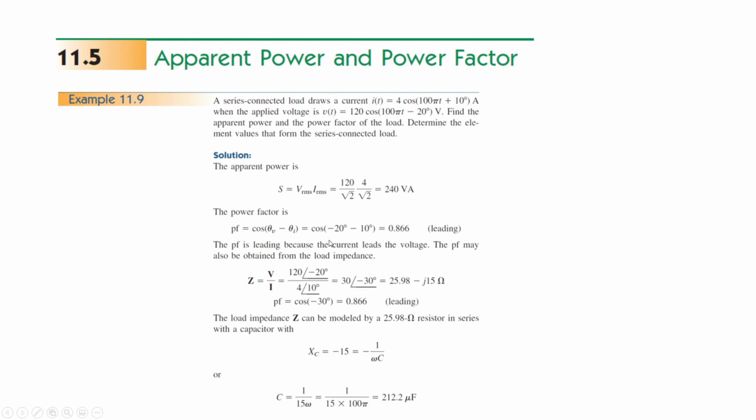So the angle argument theta V minus theta I would be minus 20 minus 10, and then we take its cos, and we end up with cos minus 30, which is equal to 0.866. And it is leading because the angle of the argument is negative. And if the angle of the argument is positive, then it means the power factor is lagging. Right, that's it for this lecture.